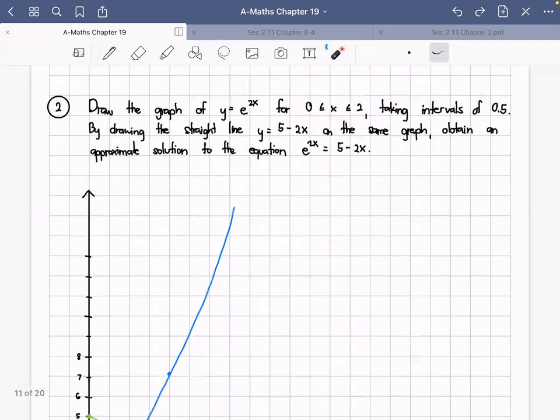It's similar with the previous question. It's just that your function is different now. It's 2x. And then we need to draw another straight line, with the equation y is equal to 5 minus 2x on the same graph. Obtain an approximate solution to the equation of e raised to 2x equals 5 minus 2x.